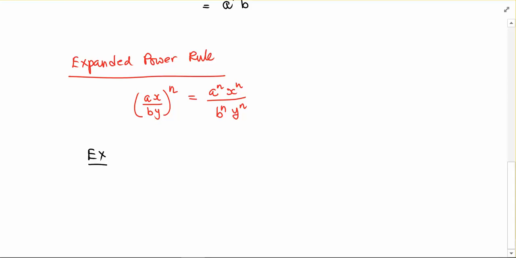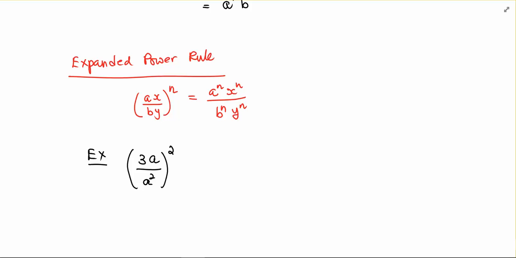So, what if we had 3a to the 1 times a squared, to the second?